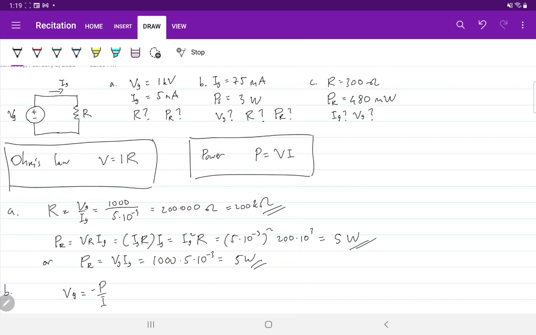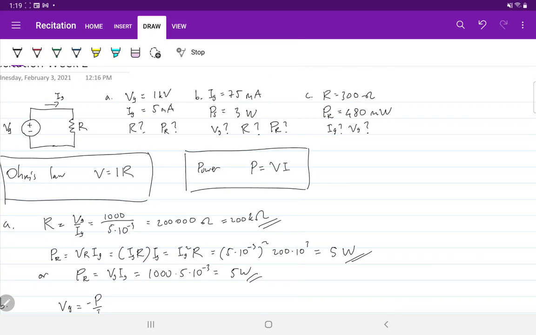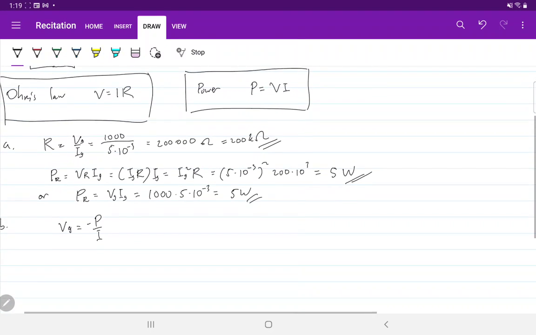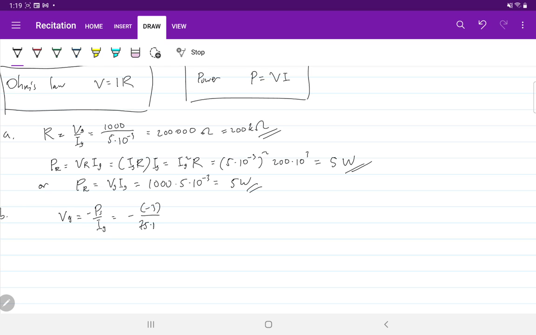If any unit is giving power, then the power sign is negative. If anything is consuming power, then the sign of power is positive. So following that convention, I should put a negative sign there. VG is P over IG, so minus 3 over IG, which is 75 milliamps, so you'll get minus 40 volts.